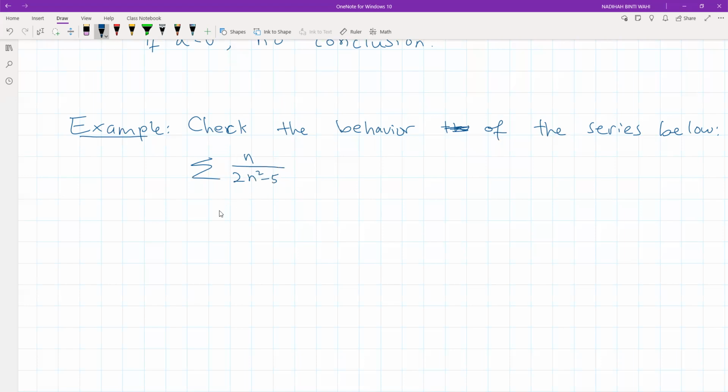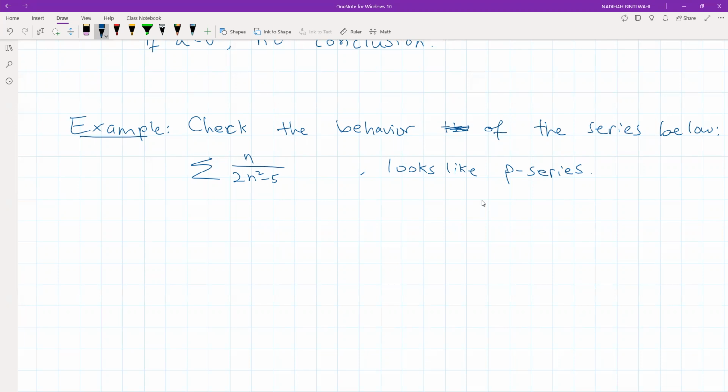So this looks like a p series. In some textbooks it says some other series, but in most cases this is a p series.